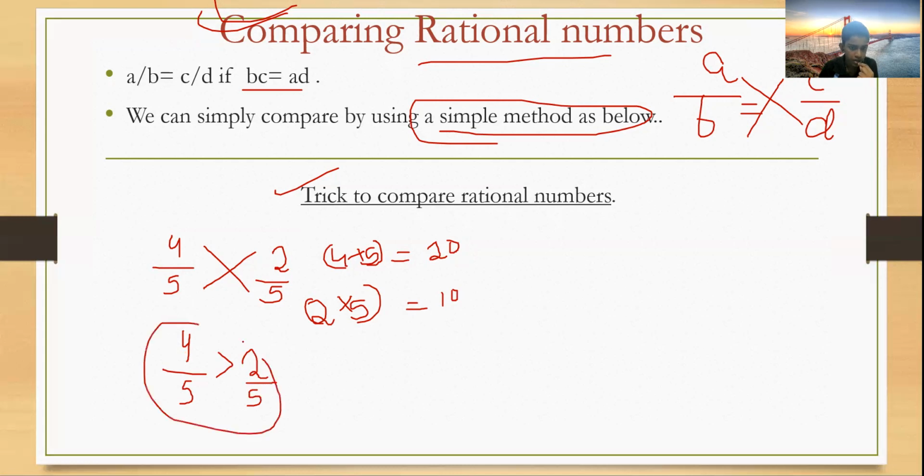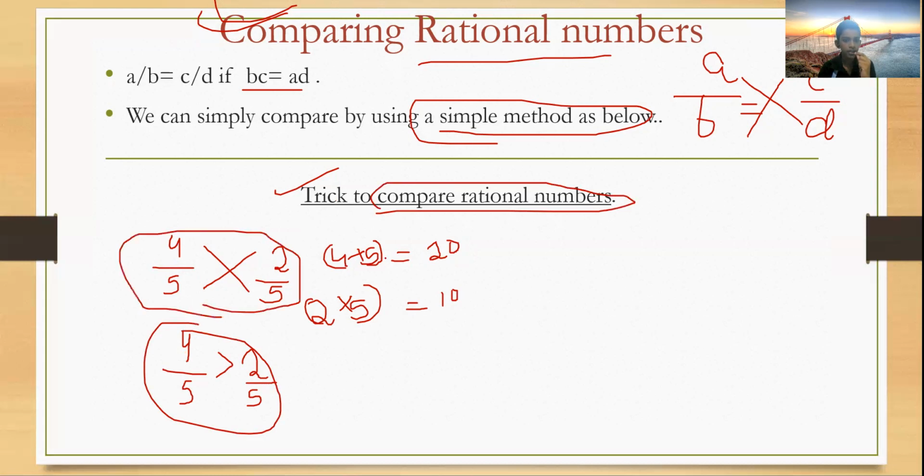So using this method we can compare rational numbers. Using this method we can compare any two rational numbers only. If there are more than two rational numbers, then we can't use this method. We have to take the LCM.